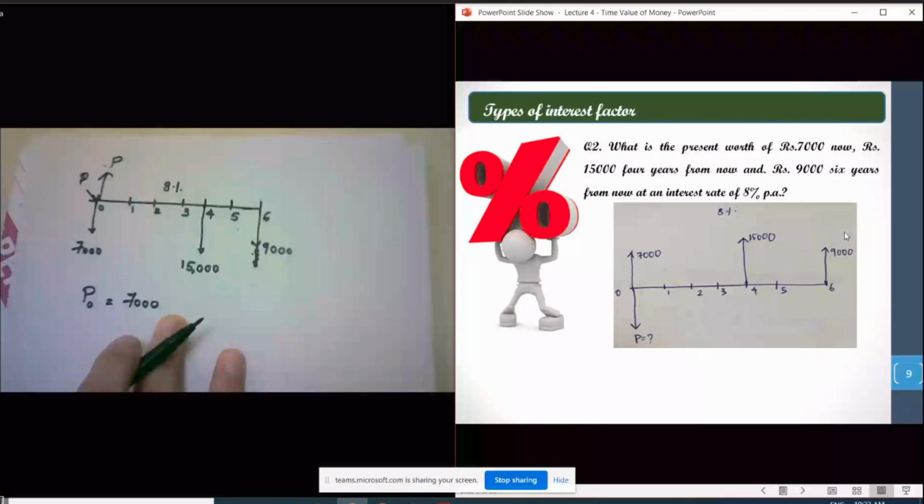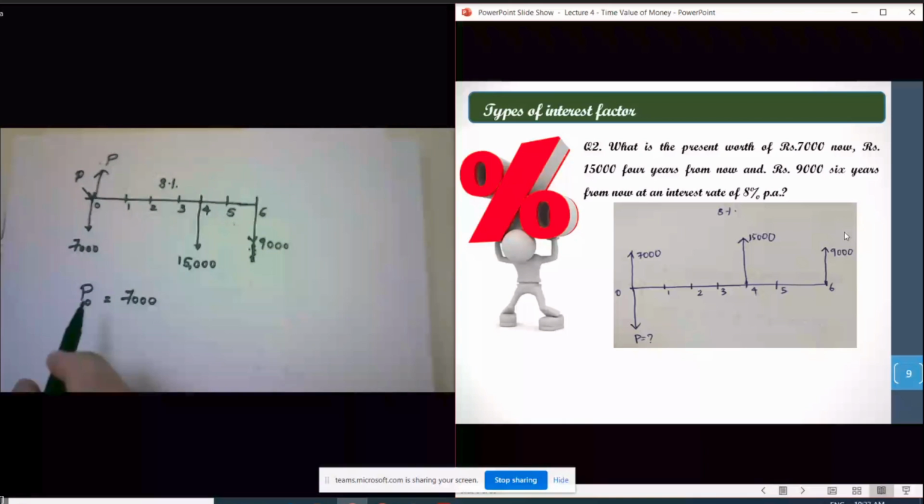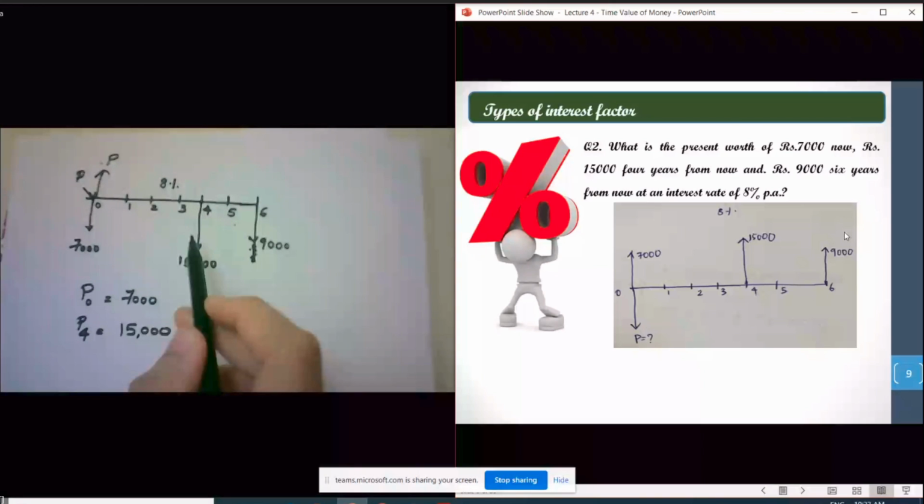Now P4 is nothing but 15,000. What is the present value of this 15,000? Since it is after 4 years, to bring this 15,000 from the 4th year to the 0th year, there will be an interest rate charge, that is 8%.